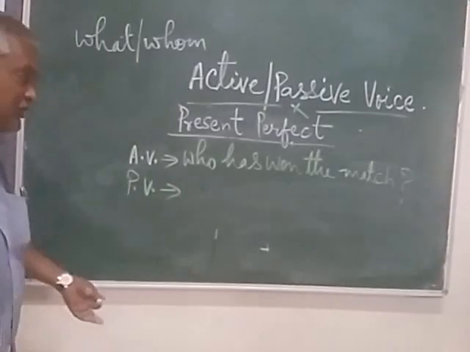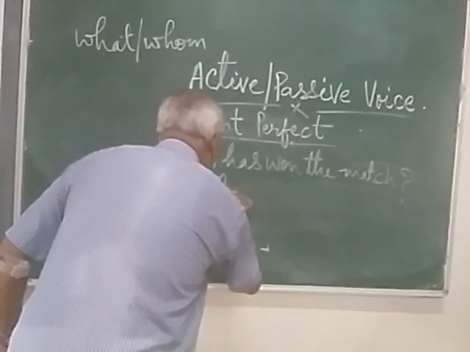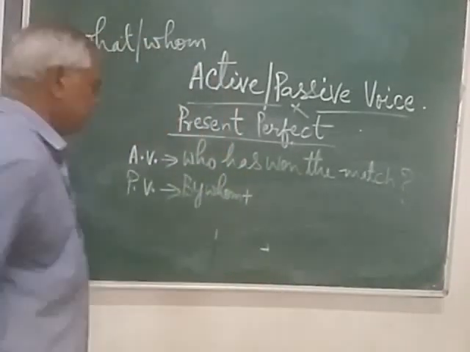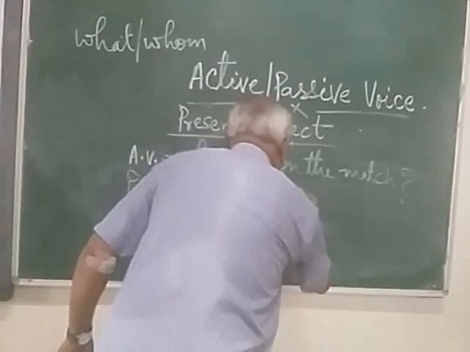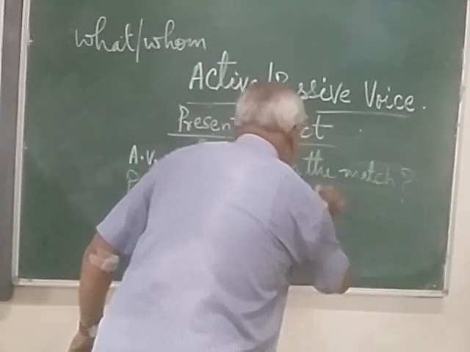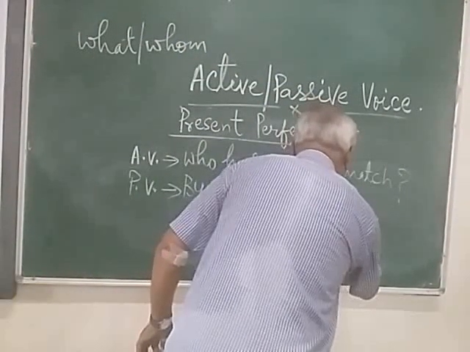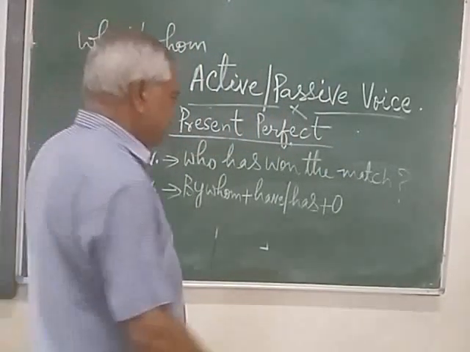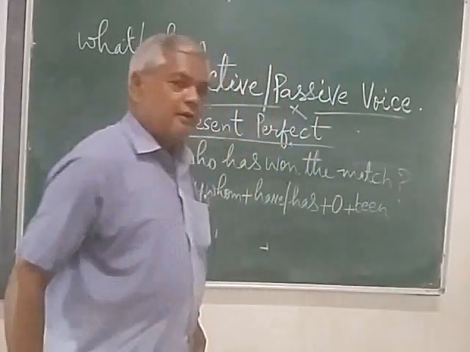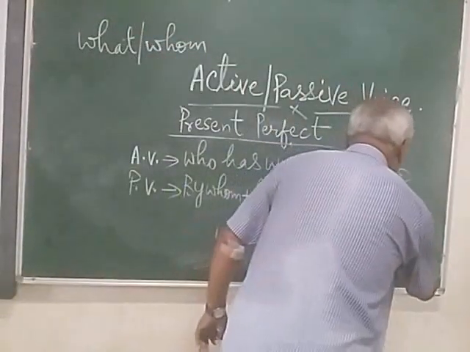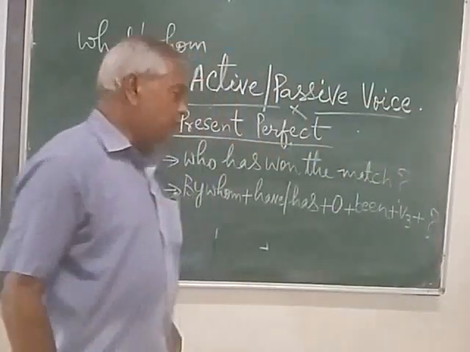So first, the structure: by whom, then after have, has, then after object, then after the word being, then victory, and at last the question mark.